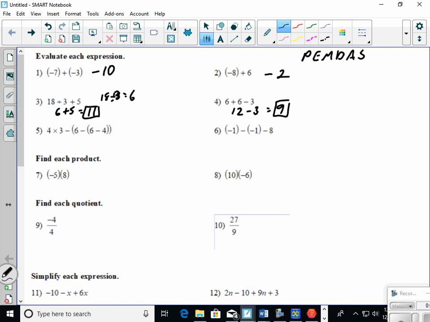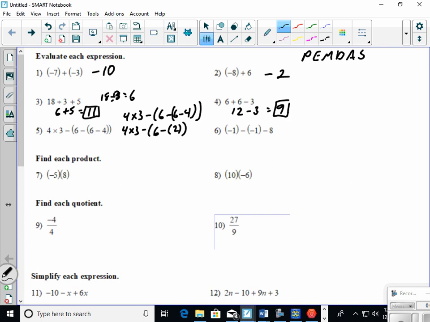Number 5, we've got multiple operations, and we've got parentheses, so we're going to start within the parentheses. We'll rewrite this here in the margin: 4 times 3 minus (6 minus (6 minus 4)). We've got two sets of parentheses, so we work with the innermost parentheses first. 6 minus 4 is 2.